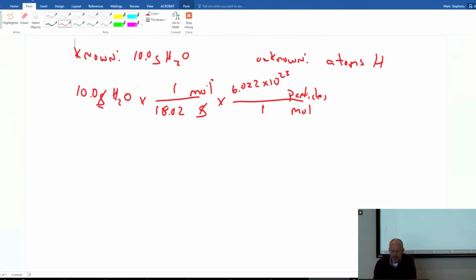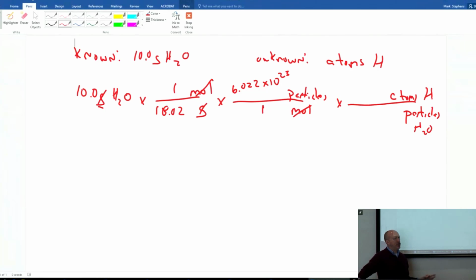So the moles cancel. I'm left with particles of water. I didn't want particles of water, I want atoms of hydrogen. So now we finish up with our inventory. We cancel out particles of water, and I bring atoms of hydrogen on board.